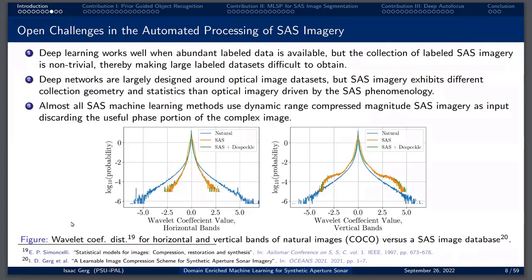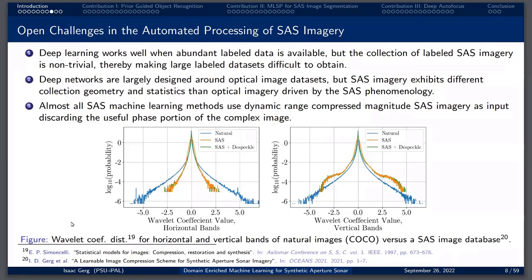This is the horizontal, this is the vertical, and the difference between the orange and the green is just whether I've done some kind of image enhancement on it or not. But the point is that these distributions are different. So it's not necessarily that I can take something from the optical domain and just apply it in a black box method to the synthetic aperture data.